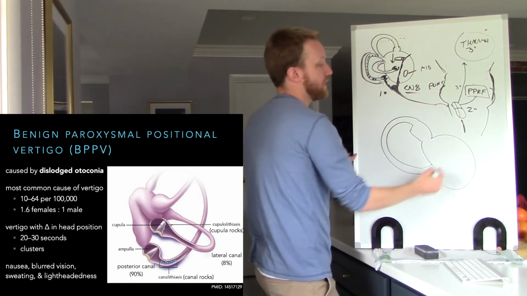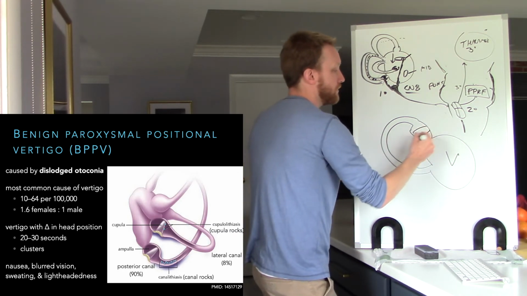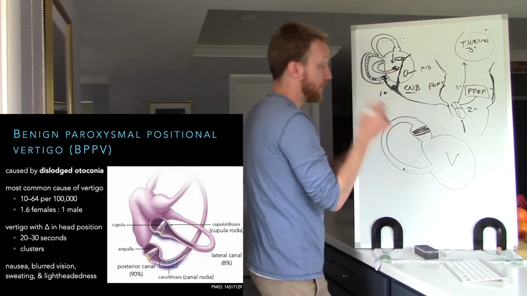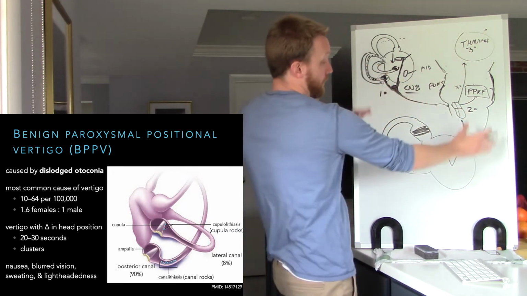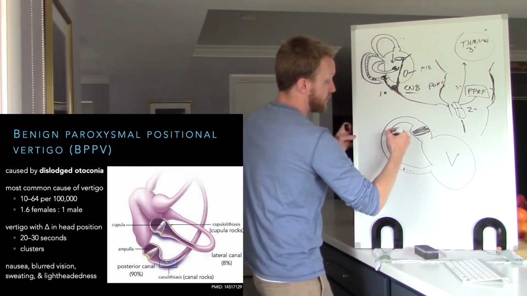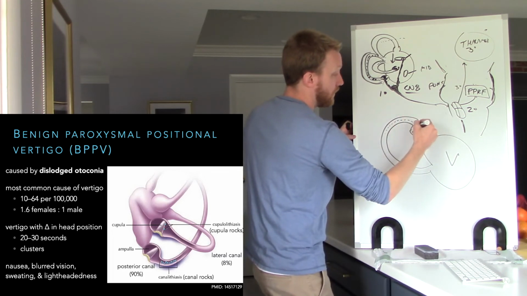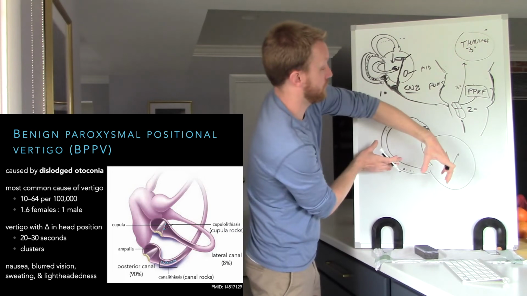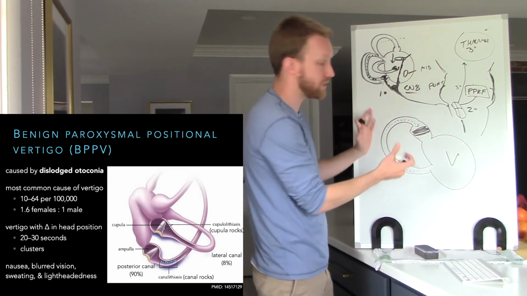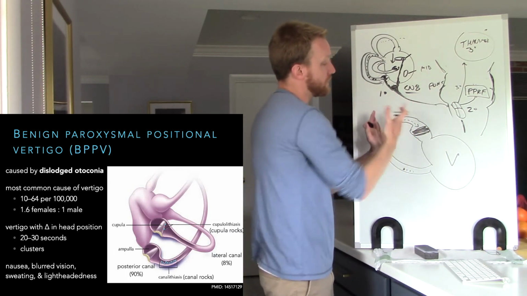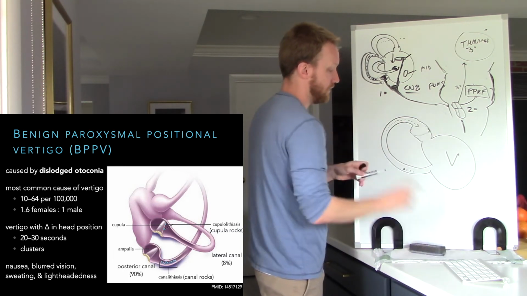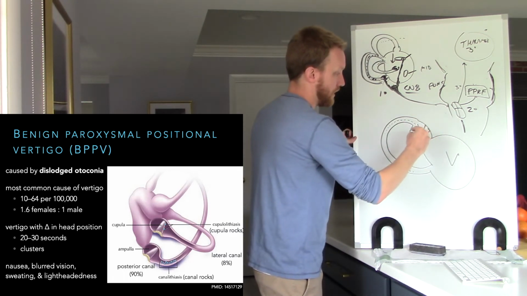Alright, so there's our vestibule, here's our cupula, and here's some little bits of sand. Now if we turn our head to the left, that's going to push the endolymph against that cupula that way, right? Because we're turning our head. The endolymph is essentially sitting still and providing resistance, so the cupula is going to deflect that way.